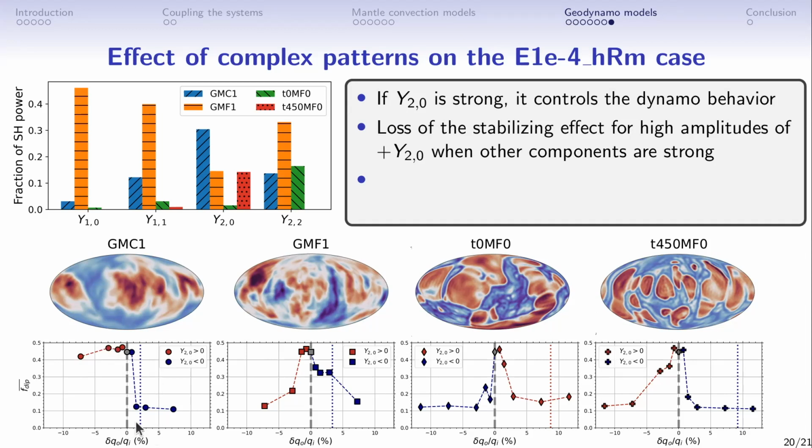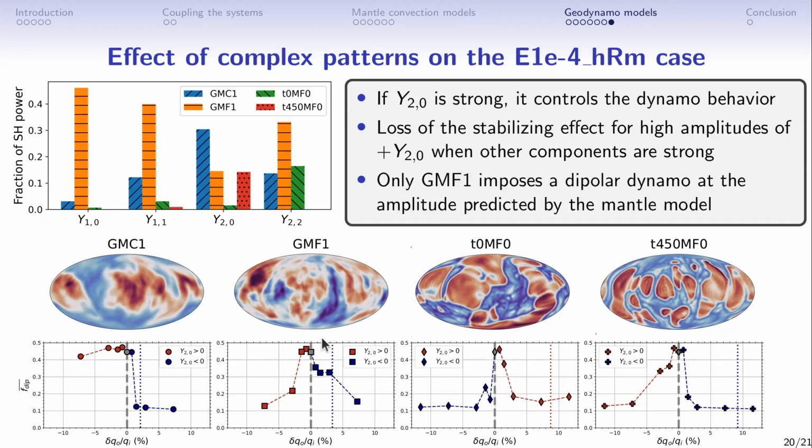And finally, the dotted lines for each case give the actual amplitude for each pattern in the mantle convection models. And you can see that for these amplitudes, the dynamo tends to be multipolar here, here, and here. There is only the GMC1 pattern that imposes a dipolar dynamo at the amplitude predicted from the mantle convection model.